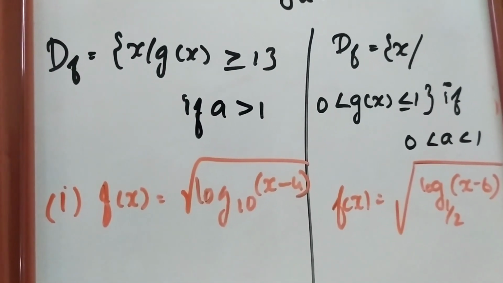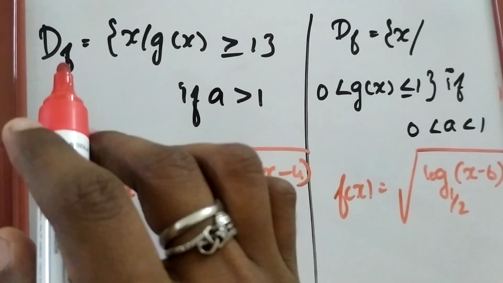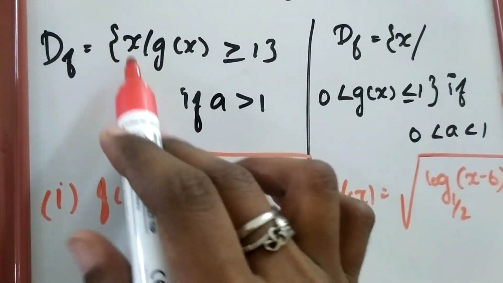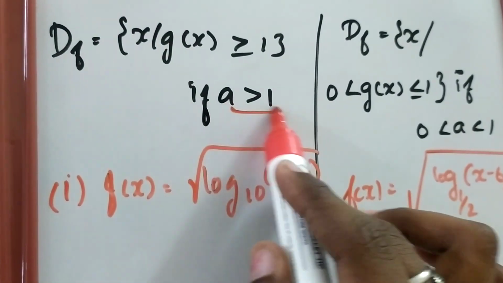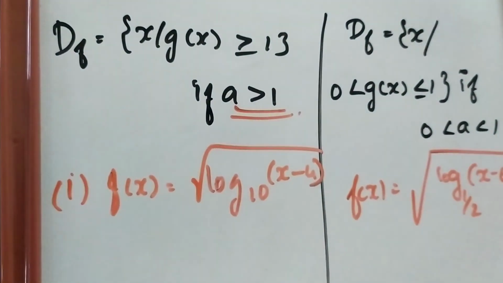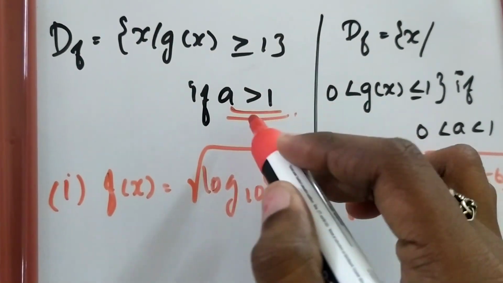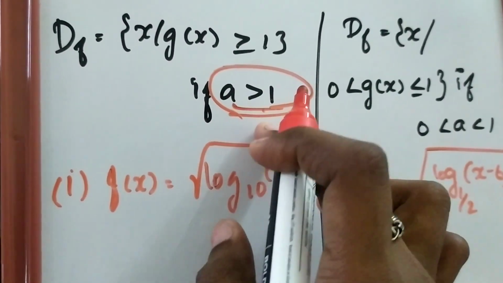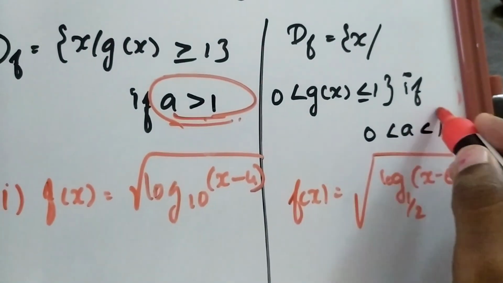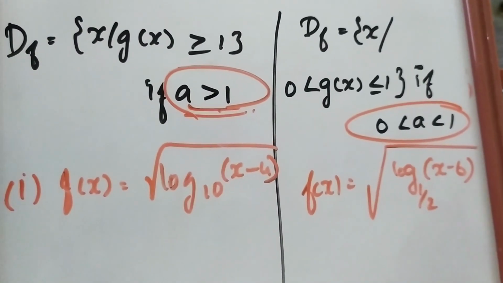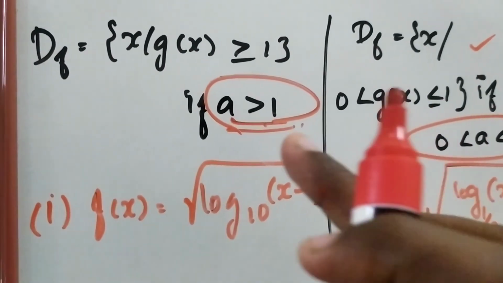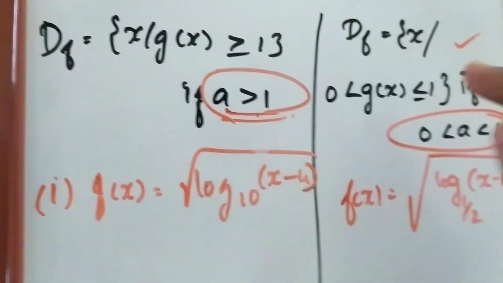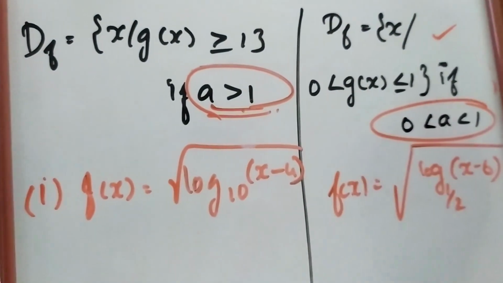To find the domain of the function, the domain will be the set of all x such that g of x should be greater than or equal to 1 if a is greater than 1. So there are two conditions. When a is greater than 1, what would be the domain? When 0 is less than a less than 1, what would be the domain?